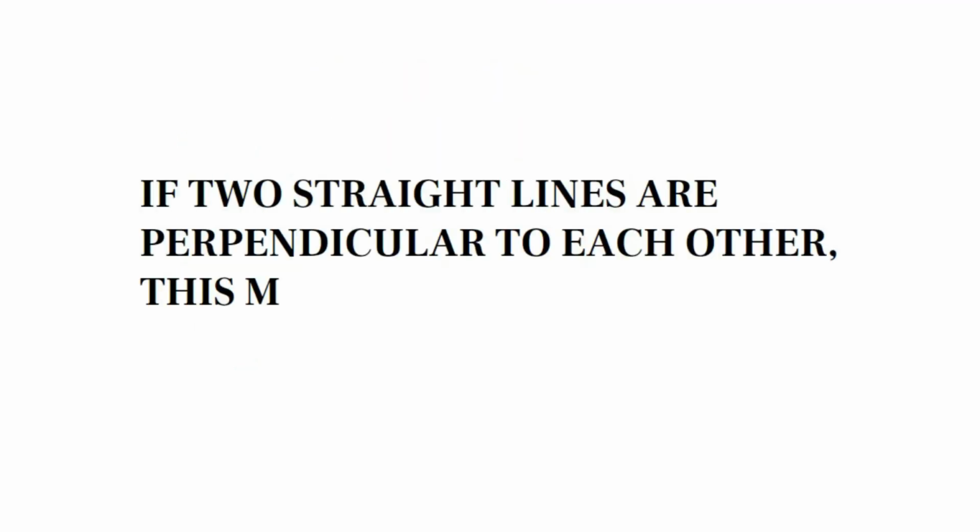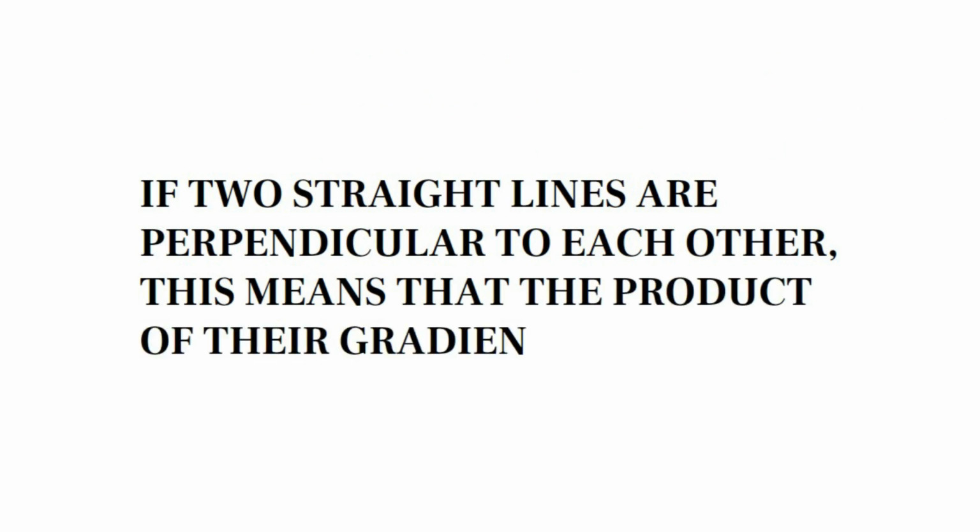If two straight lines are perpendicular to each other, this means that the product of their gradients is -1. So if we have M1 and M2 as the gradients of the two perpendicular lines, then M1 multiplied by M2 is going to be equal to -1.